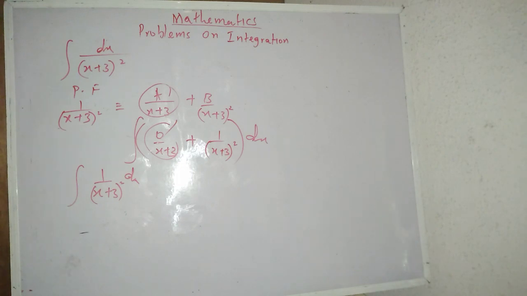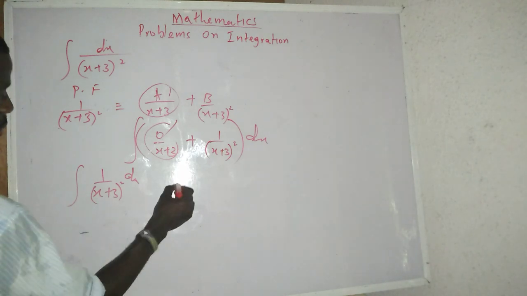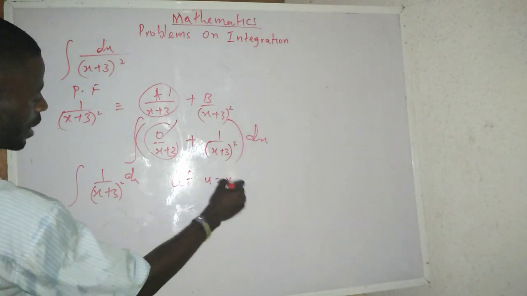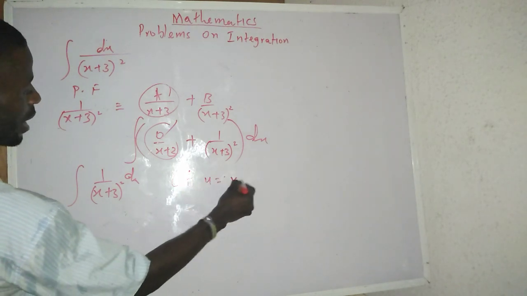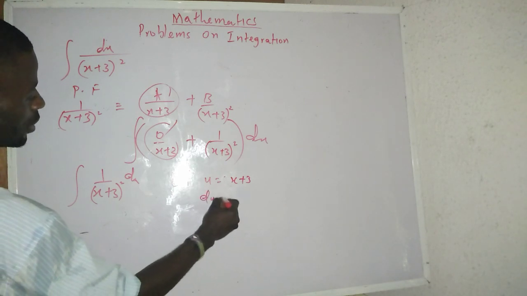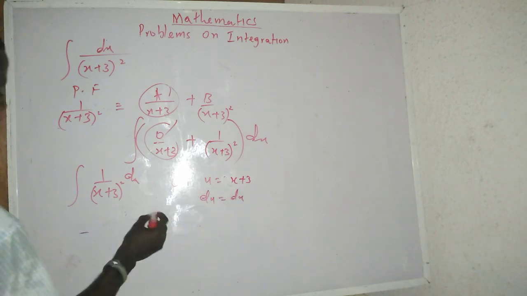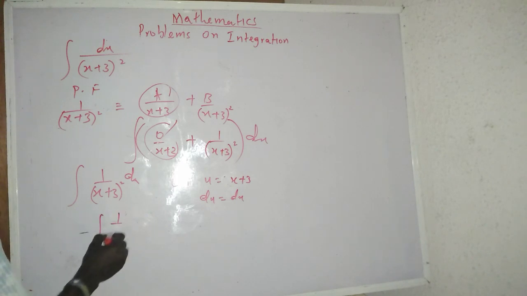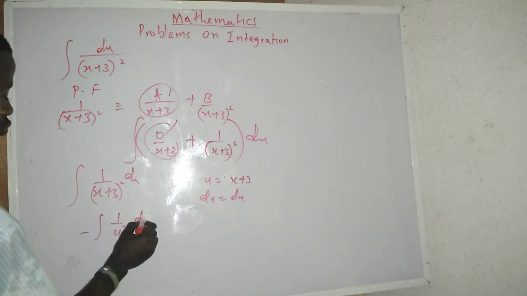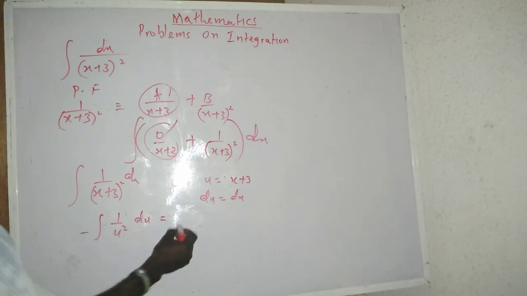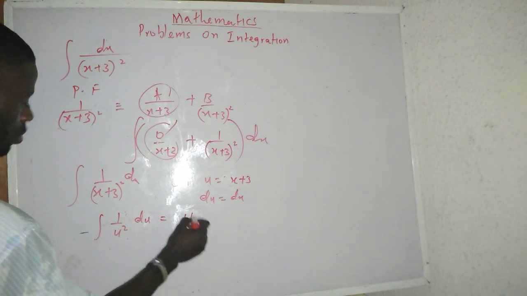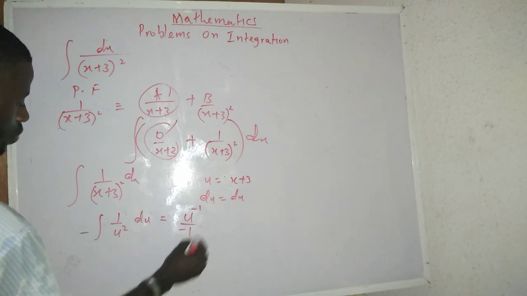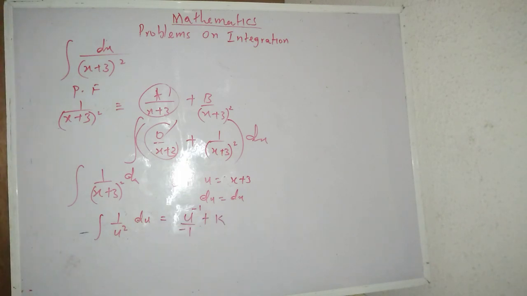If I should integrate this type of problem, I can go by integration by substitution. Let my u equal x plus 3, which means my du equals dx. Now I can say the integral of 1 all over u raised to power 2 du equals u raised to power minus 1 all over minus 1 plus k.